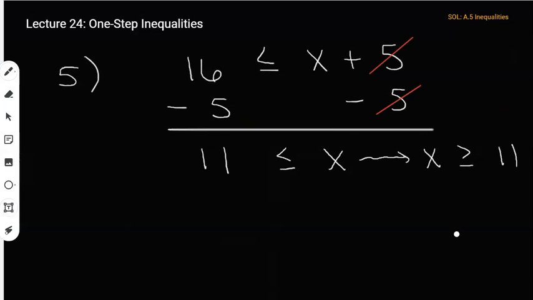What I'm doing is I'm taking the x and I'm putting it on the left side. See, it used to be on the right side. But if I put the x on the left side, the inequality symbol flips around. So that's another thing to think about, right? You've got the x on the right-hand side starting off with, when usually all the questions that we've been doing up to now, the x has been on the left side.